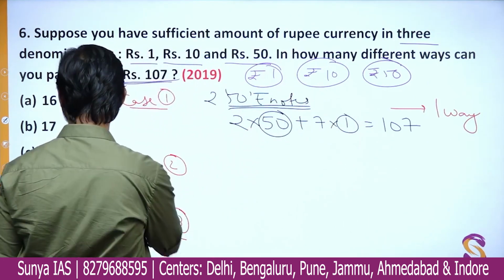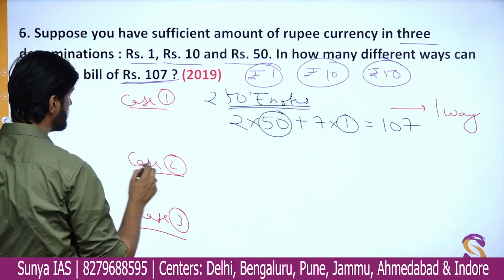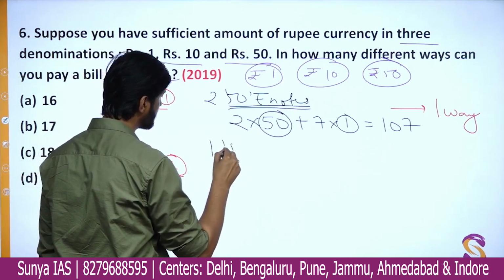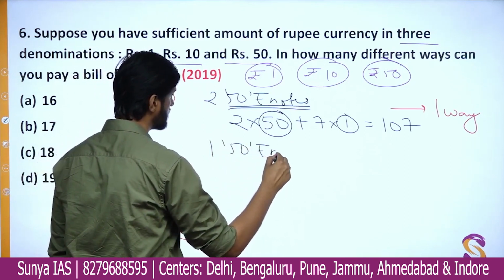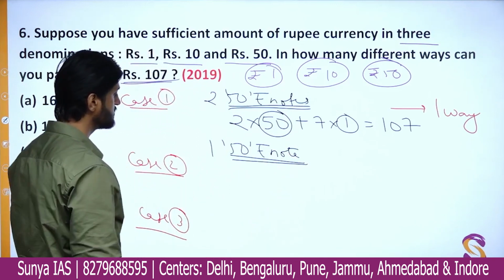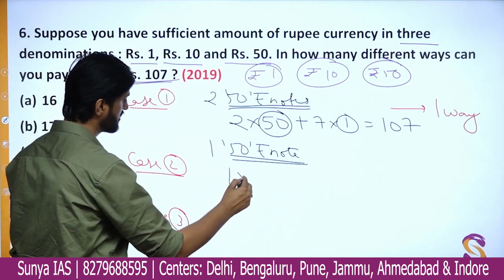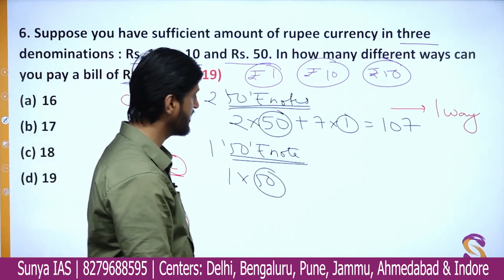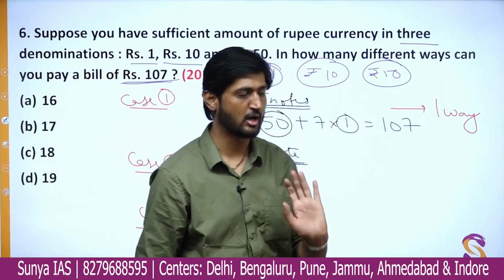Now let us take the case in which you are taking only 1 50 rupee note. So now you are taking 1 50 rupee note, correct? But then you will have various options now.